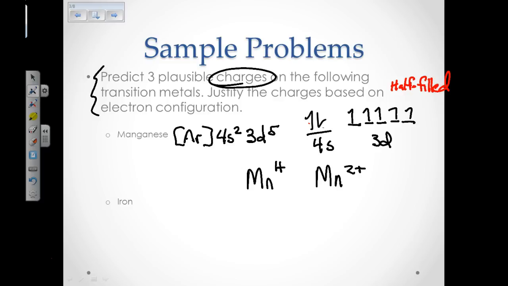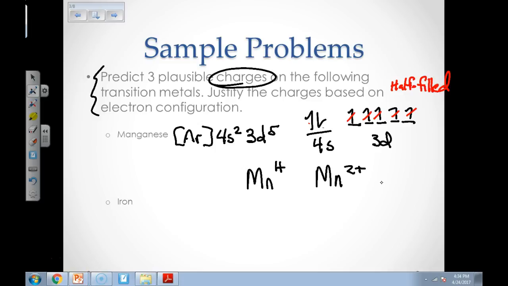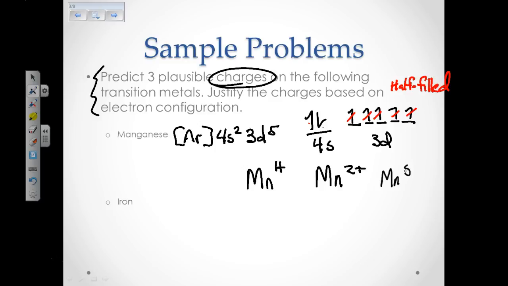Again, this is the stable electron configuration of the element. But now if we're going to lose more than 2 electrons, what if we lose 1, 2, 3, 4, 5 electrons? Now this is filled, and this subshell is empty. That is, again, a stable configuration. So that's Mn 5 plus.